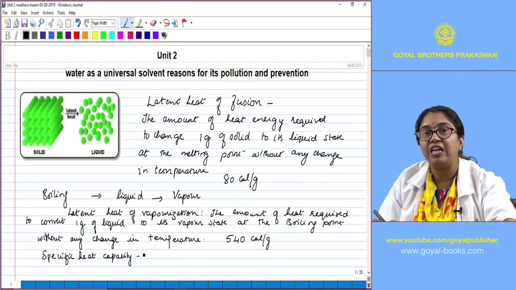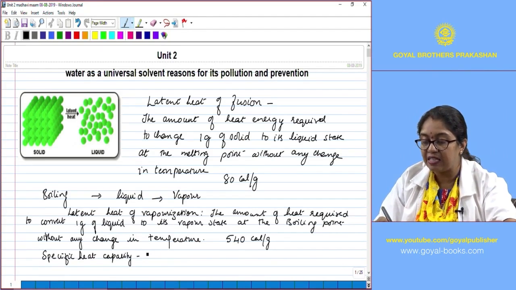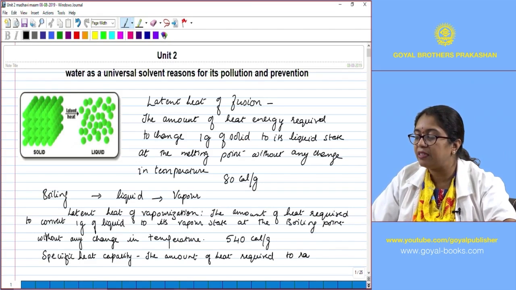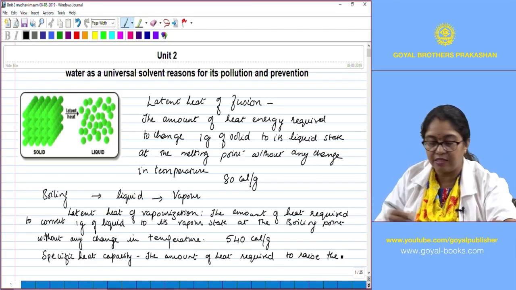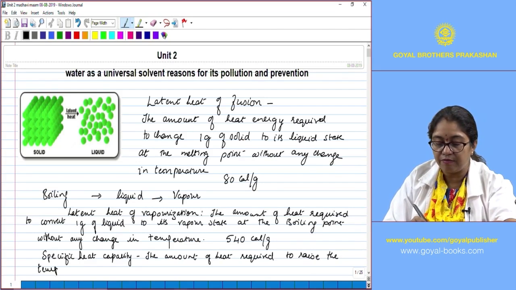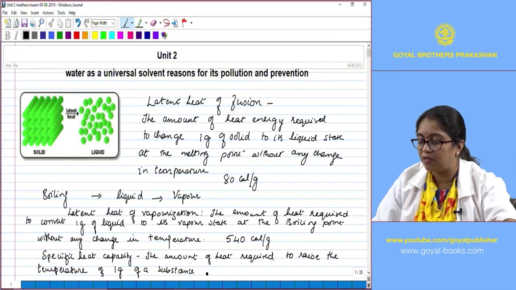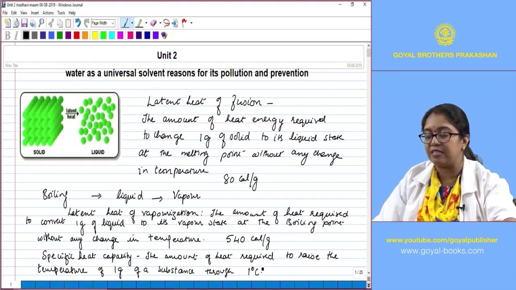Then coming to what is specific heat capacity. Specific heat capacity is defined as the amount of heat energy required to raise the temperature of 1 gram of a substance through 1 degree Celsius.